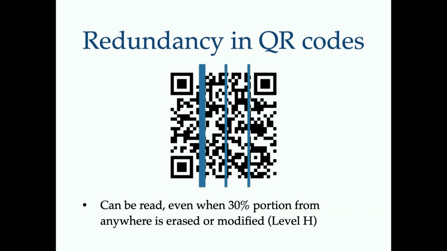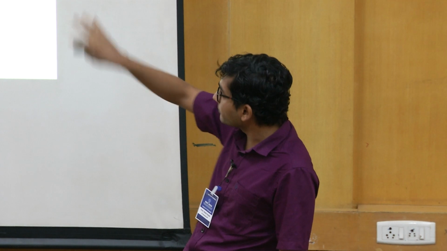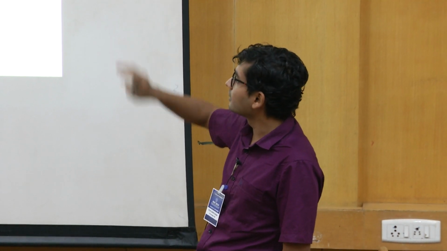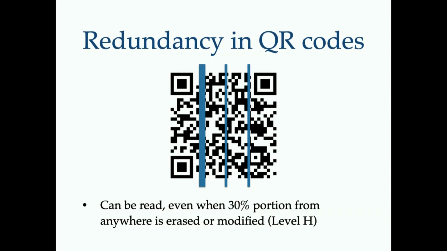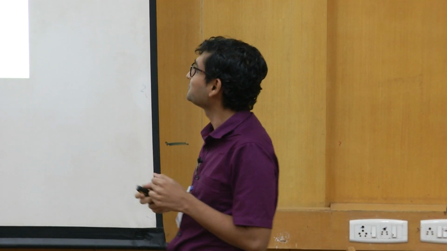There are different kinds of QR codes with different levels of error correction. What I am showing you is level H. What does level H mean? It means you can correct even if any 30% portion of this code is deleted or modified, where you replace black and white pixels with other black and white pixels, and still the scanner will be able to read it.